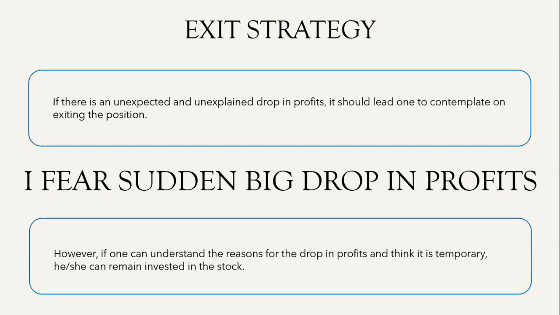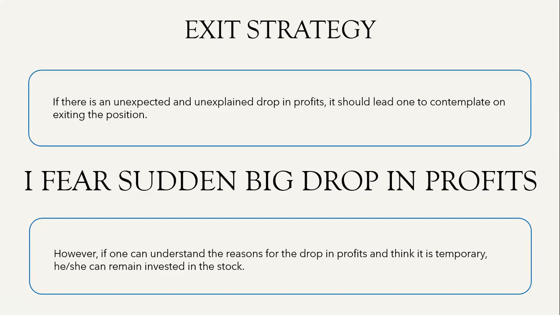You fear a big drop in profits, because we expect the profits to rise. If a company registers a big drop in profits, it means that something bad happened to the business. Is that clear? We fear a sudden big drop in profits.